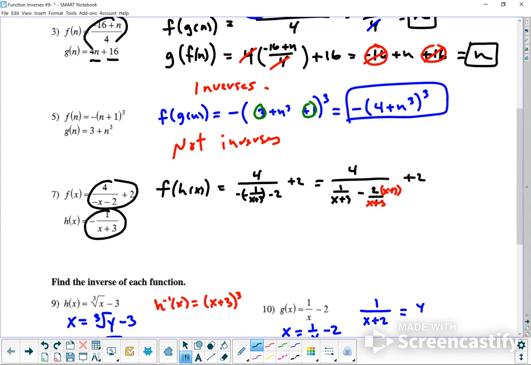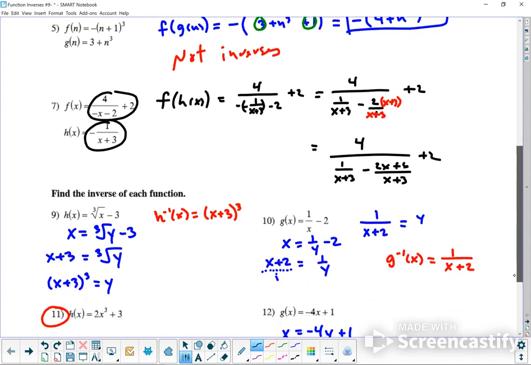So I hope this works, because it doesn't look like it's going to work. Let's see what's going to happen. So we have a 4 over 1 over x plus 3, minus 2 times x is 2x, 2 times 3 is 6, so plus 6, and then over x plus 3, plus 2.